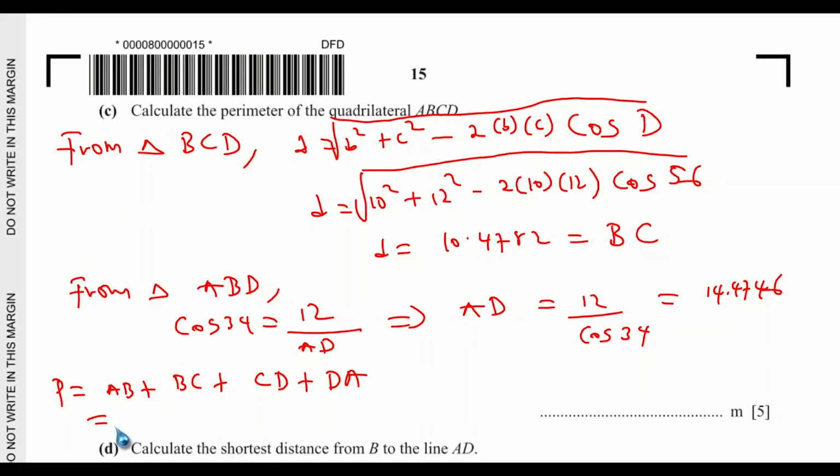In this case, this will give you 8.09, that is AB, plus BC is 10.4782, plus CD.